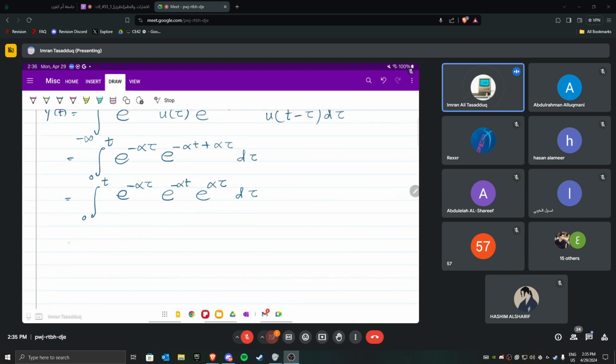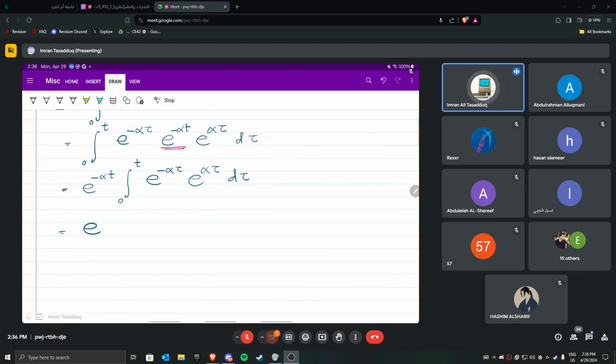All right. So this is equal to, you can see that this does not depend upon tau. So I can take this outside the integration sign. E to the power minus alpha t, integral 0 to t e to the power minus alpha tau e to the power alpha tau d tau.